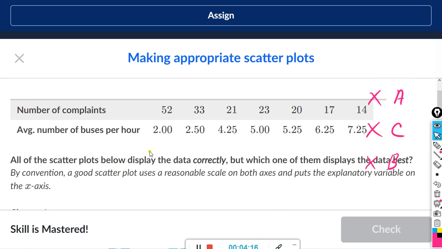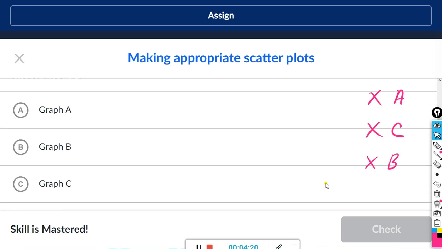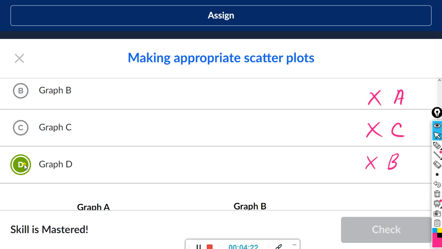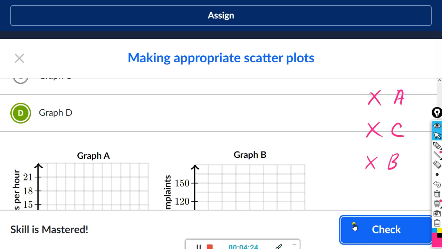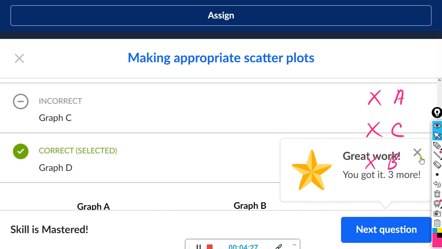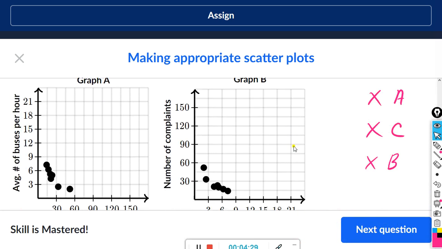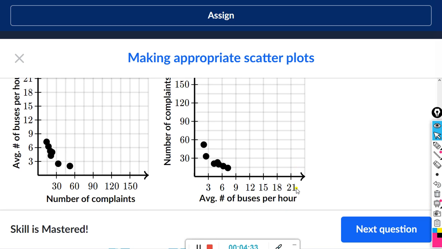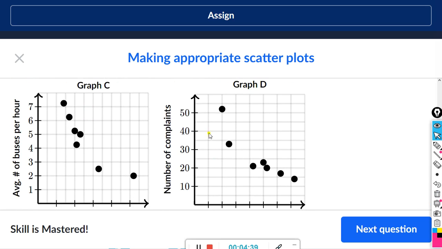So it's definitely answer D. You might not even have to look at it in a numerical sense. You can just look at it graphically. On the other graph the data points are all bunched together, and on answer D they're spread out nicely across the graph. You can use that as a clue as well.